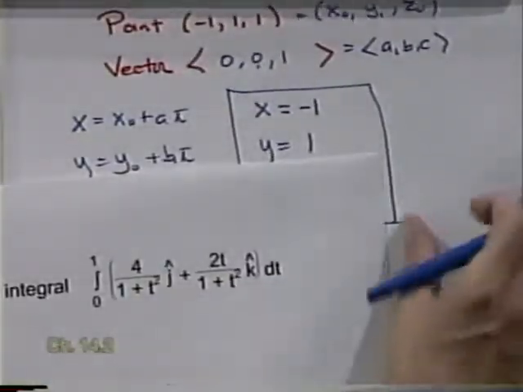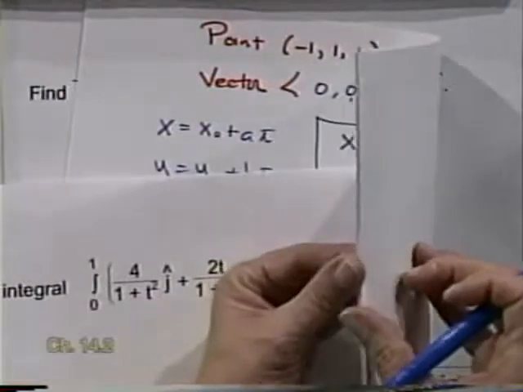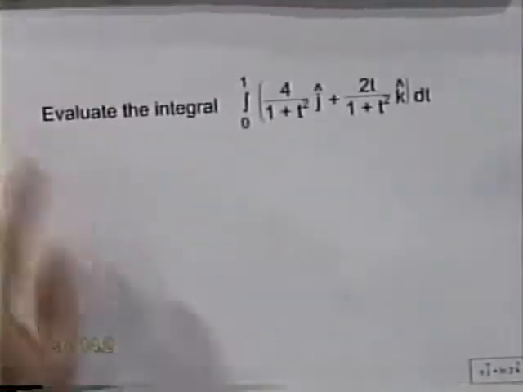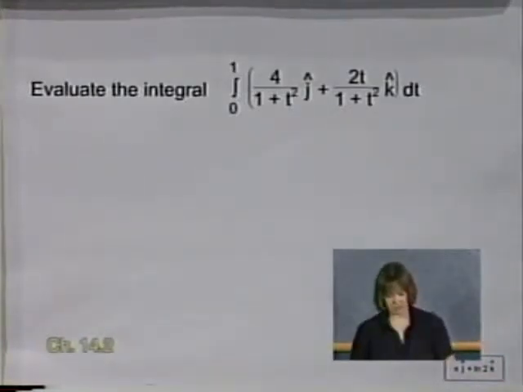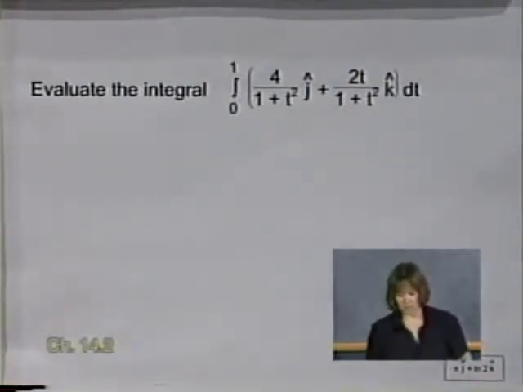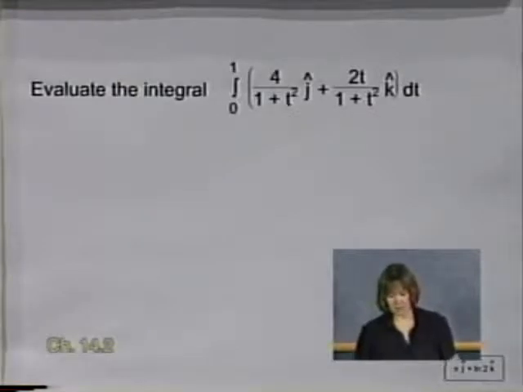Let's see what else we have. This is all plain paper. Next one. Evaluate the integral from 0 to 1 of the vector valued function 4 over 1 plus t squared j plus 2t over 1 plus t squared k.